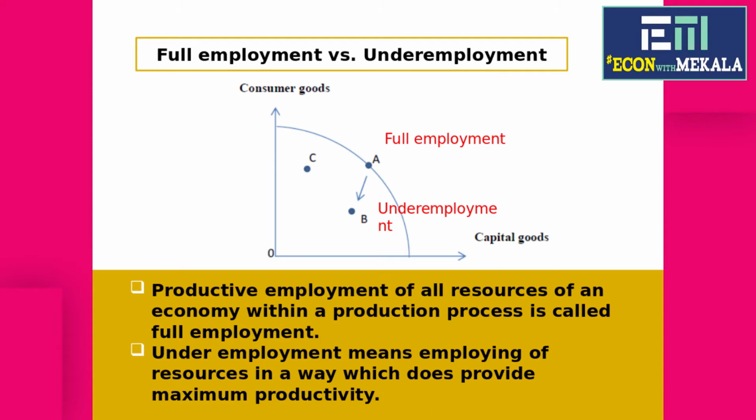A situation like underemployment we can represent from a point like point B or point C. So if the economy is moving from full employment to underemployment, you can see a shift can happen from point A to point B. Try to remember, the production possibility frontier will not shift, but a point like point A on the PPF curve can move inward.